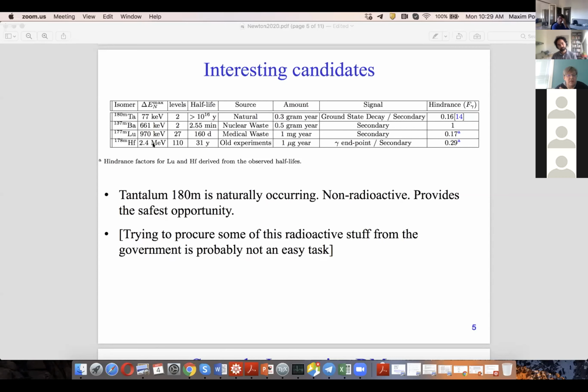I just remind people that in inelastic dark matter, typical splittings that you can probe through the elastic scattering off nuclei are on the scale of 100 keV or so, and here it's much larger.